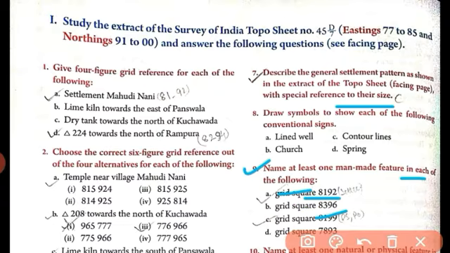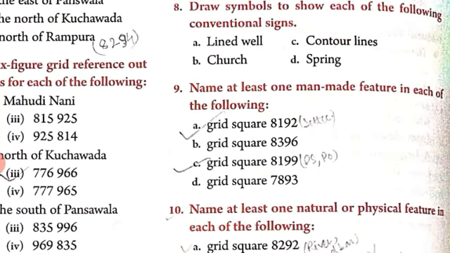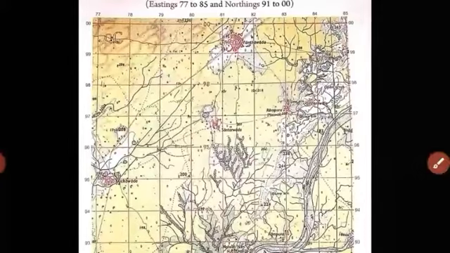So you have the grid reference. In this grid, your grid references are given. You have to select what man-made features are present here, like grids 8192 and 8199, which I am showing you. Okay, so 8192, where is it, students?